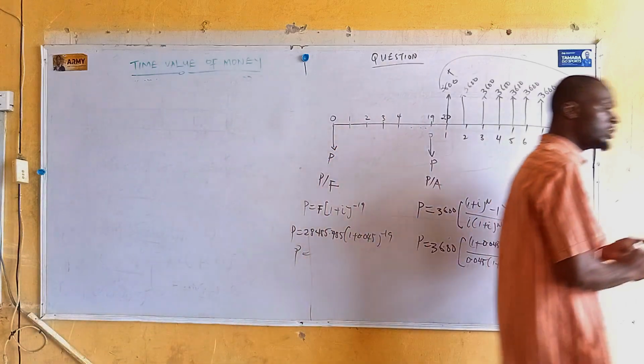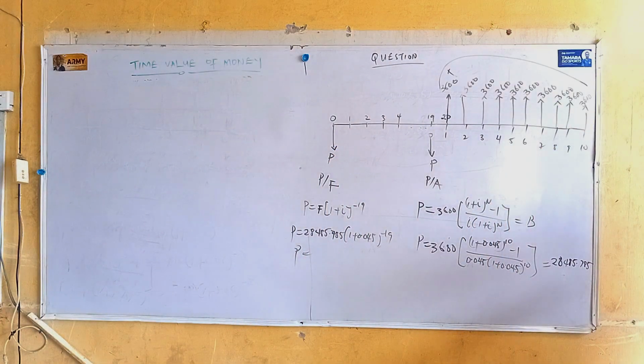So example 2 says, what is the equivalent uniform annual cost? Uniform annual cost, that is A. He said B is equal to that amount. But isn't it future?